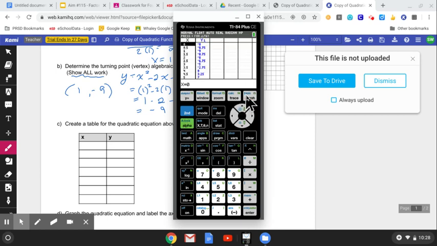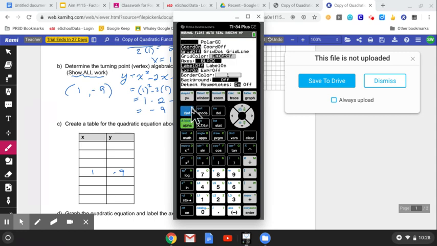Now what we want is we want the point (1, negative 9) to be in the middle. So, notice my window, I got to change the format of my table. I had it set to 0.5 because I was doing something before, but let me make that 1. Okay.